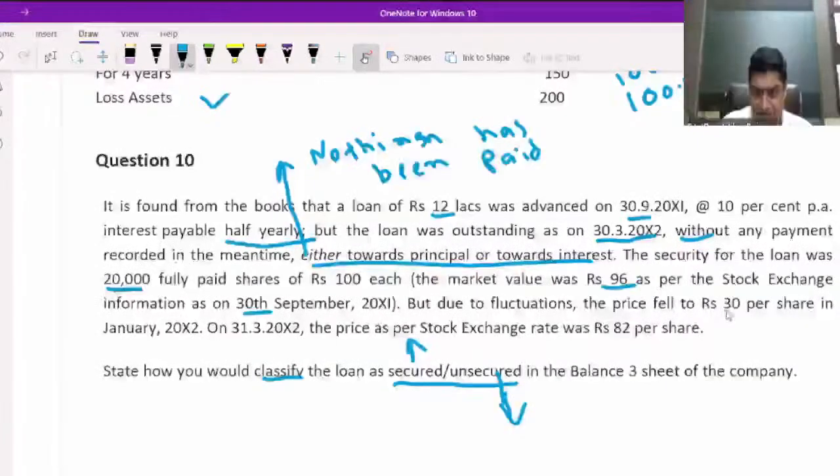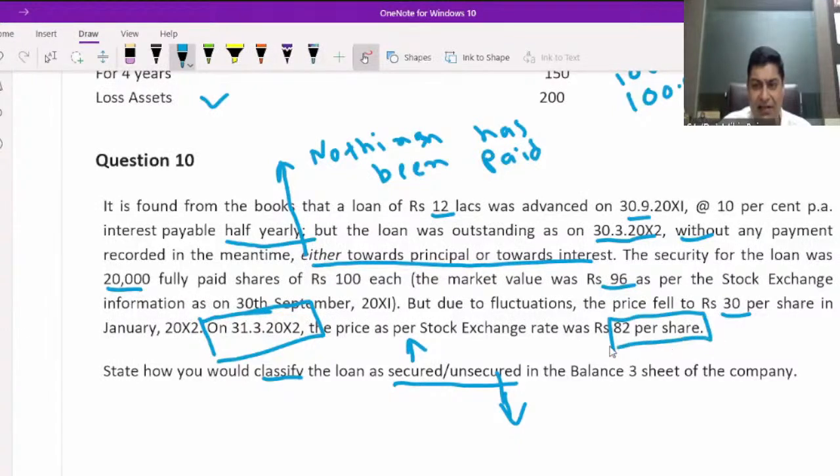The share price was 30 per share in January, but on 31st March, the balance sheet date, it is 82 per share.